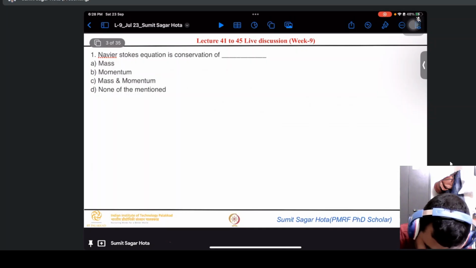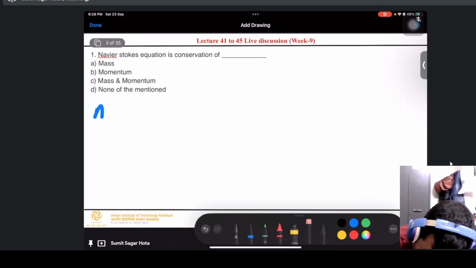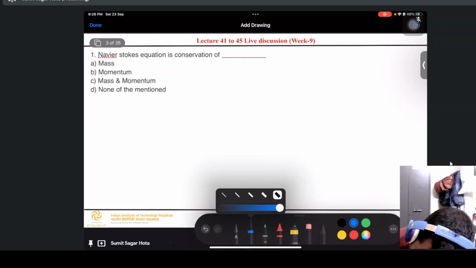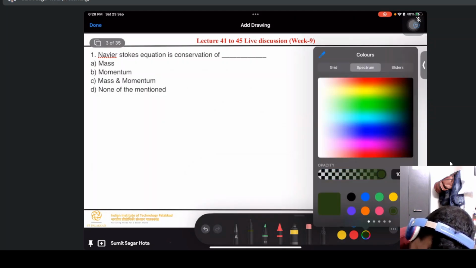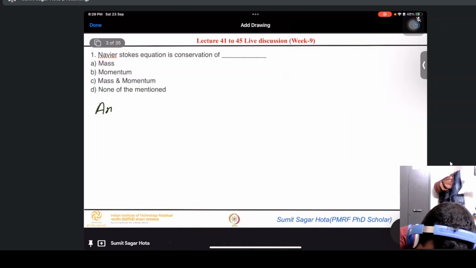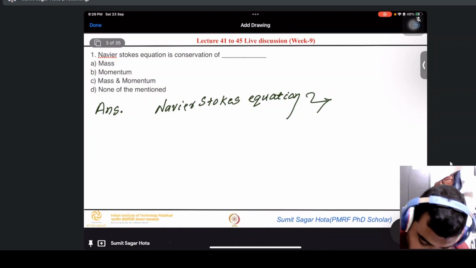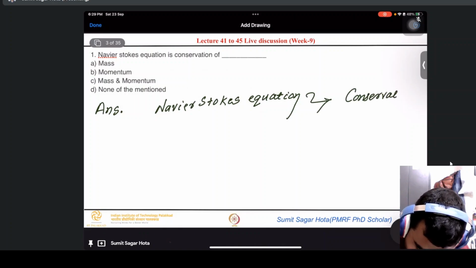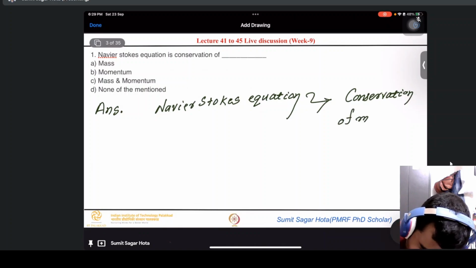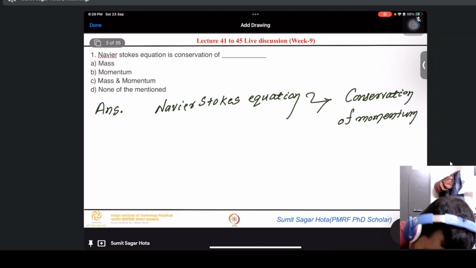The Navier-Stokes equation is the conservation of momentum. So the answer is B.